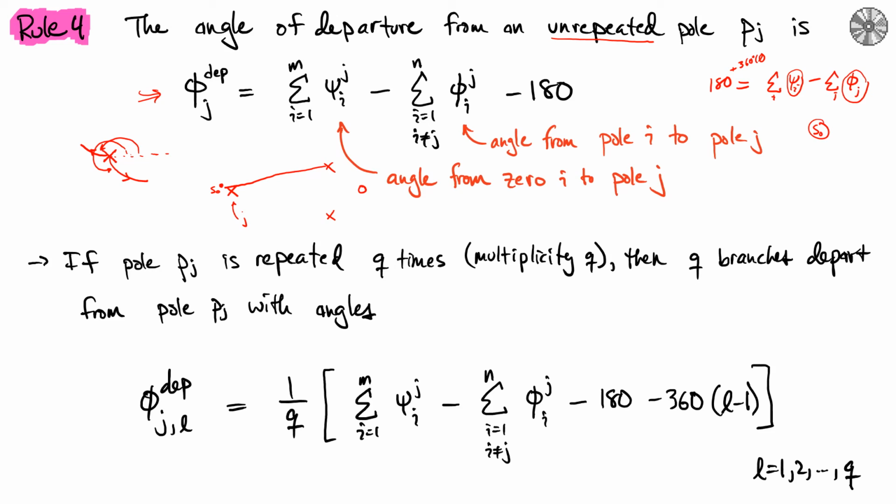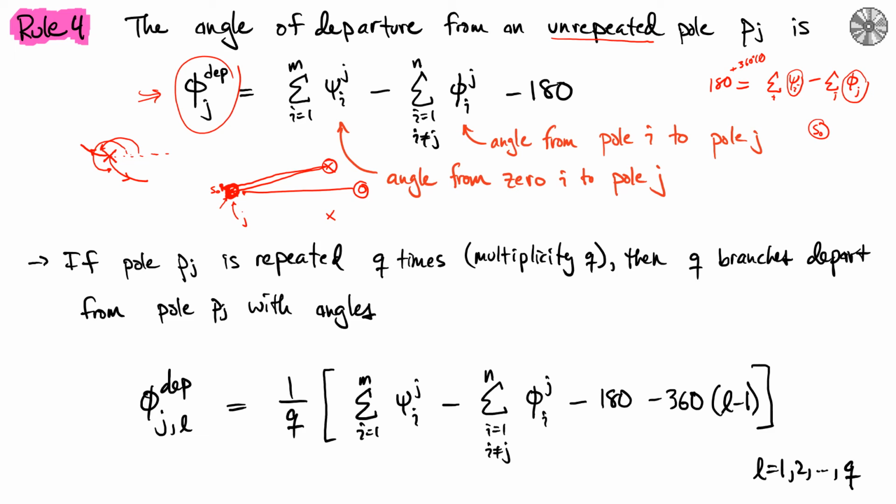And since we're going to make s0 very close to this pole that we're trying to figure out the angle for, we might as well just measure the angle directly to this pole, because s0 is going to be infinitesimally far away from this pole. So we might as well just measure these angles from the other poles to the pole that we're trying to figure out the angle for, and then from the zeros to that pole again. And the remainder is going to be given by the departure angle of this pole, because that's going to be the angle that this pole, pole j, points towards s0. So that angle is going to be the leftover angle.